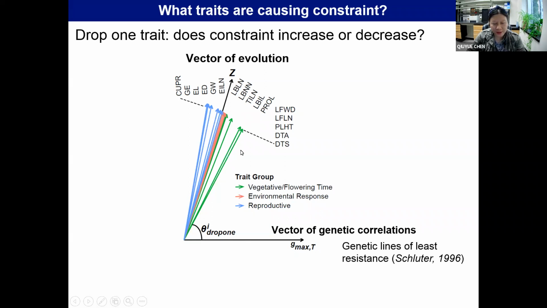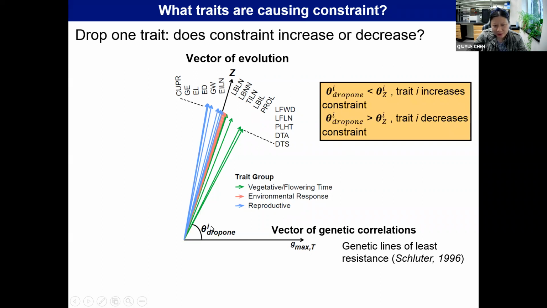So now we drop one trait at a time and calculate the angle again. And if the theta drop one is smaller than the theta Z, then this trait increases constraint. And if theta drop one is larger than theta Z, then we say this trait decreases constraint.